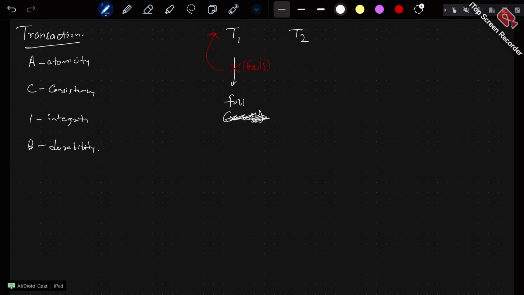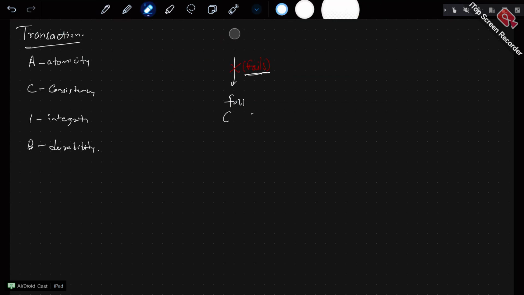Exactly. If it happens to fail in between, it will roll back to its original state. Very important: it will roll back to its original state. So that was about atomicity. Now consistency. What does consistency state?